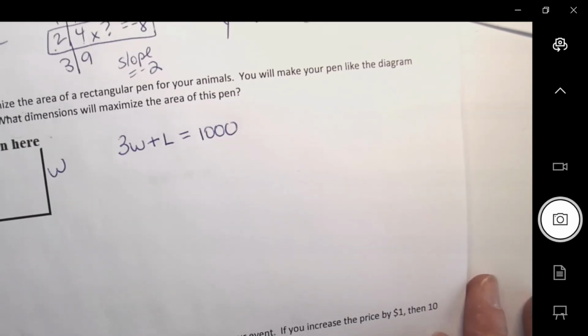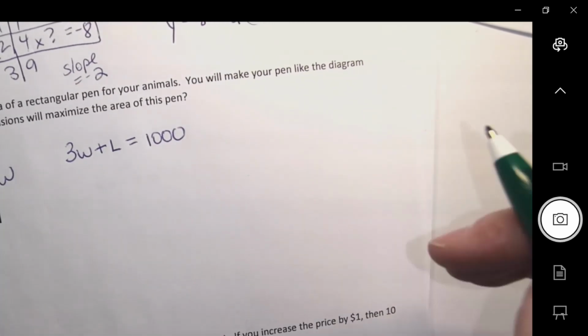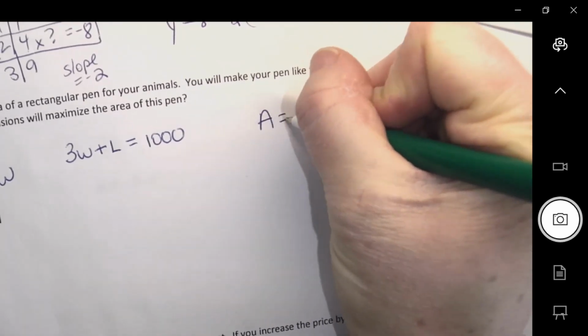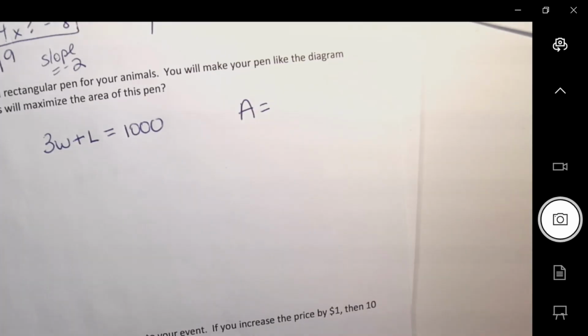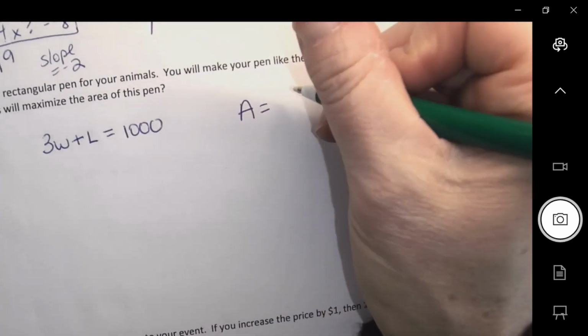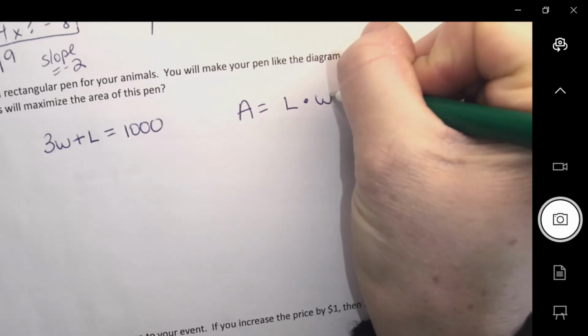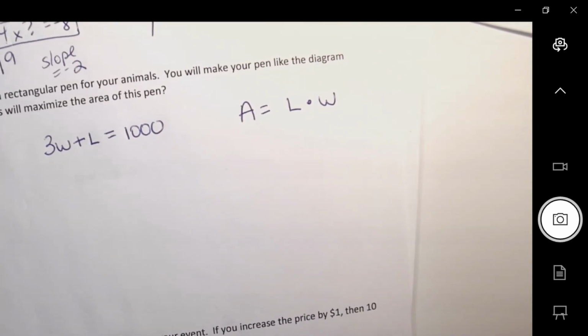Okay, now our goal is to find the area of this thing. I want max area. So what is the area of a rectangle? You don't have this, you should know it. Length times width.